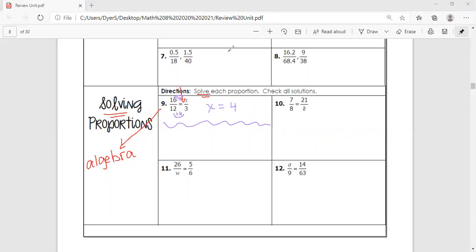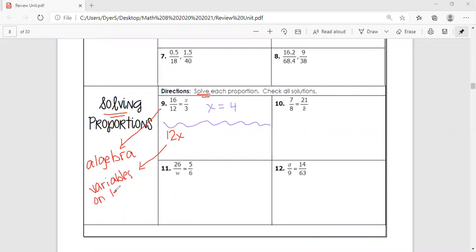So let's set up our equation. Remember, we set up our equations, we show our work, and so we're going to do our cross products. Let me erase that first of all. I made a mess right here. Okay, so we're going to set up our cross products, and look, we're going to do 12x. We're going to put variables on the left for now.